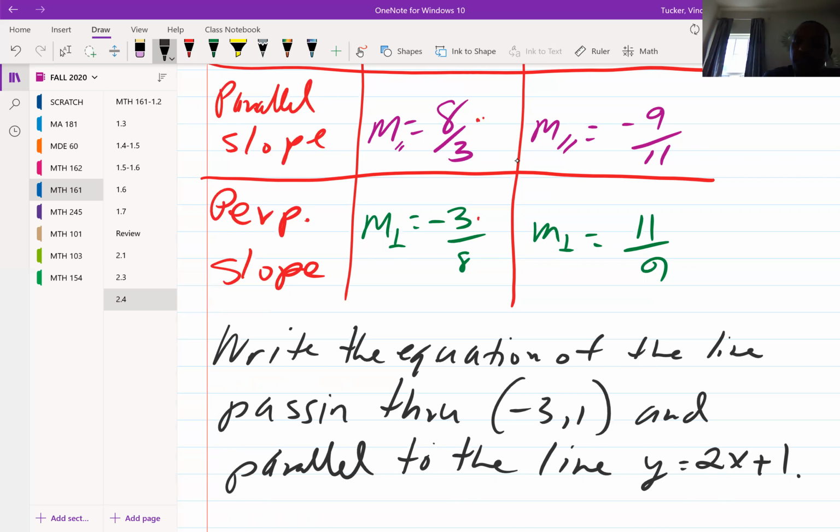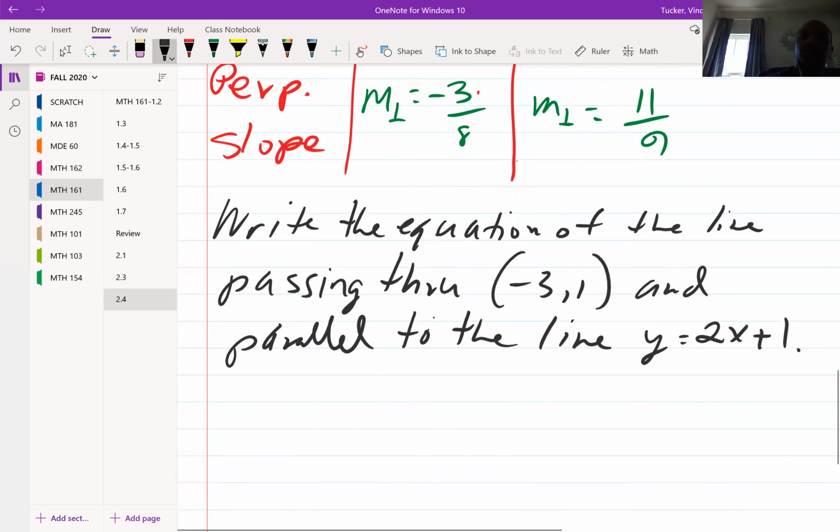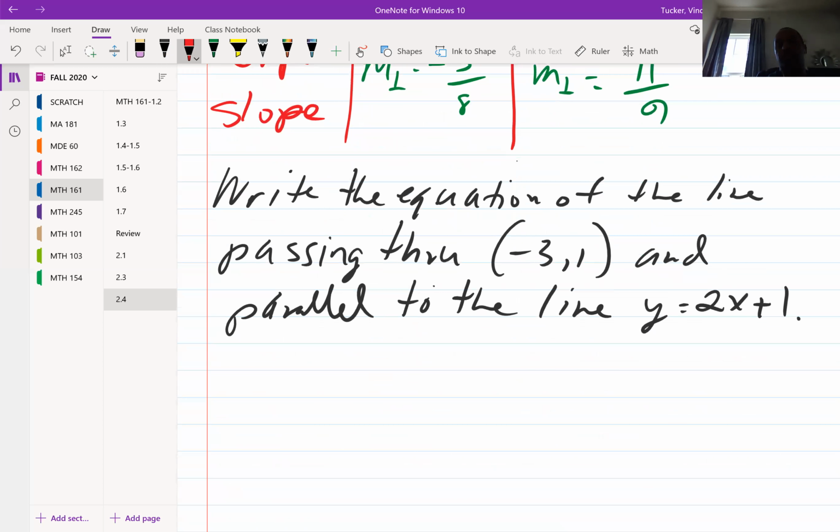All right, so write the equation of the line passing through -3, 1, and parallel to the line y equal to 2x plus 1. First, we have to establish what the slope will be of a line parallel to the equation that we have. So we have y equal to 2x plus 1.